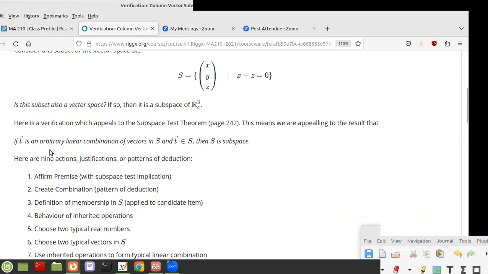This means we're appealing to the result that if the linear combination T is an arbitrary linear combination of vectors in S, and T is a member of S, then S is a subspace. So we're going to say, okay, we know that T is a member of S, and T is an arbitrary linear combination of vectors in S. Then we want to say then S is a subspace.